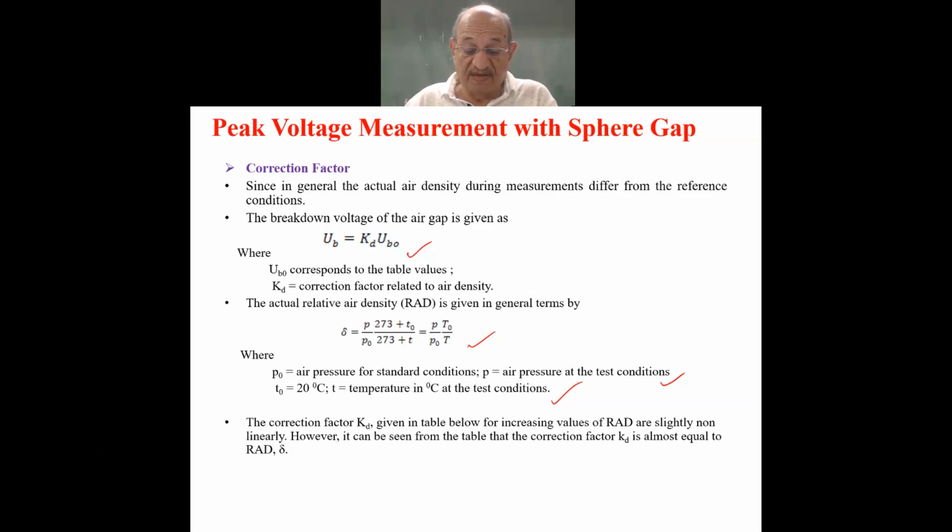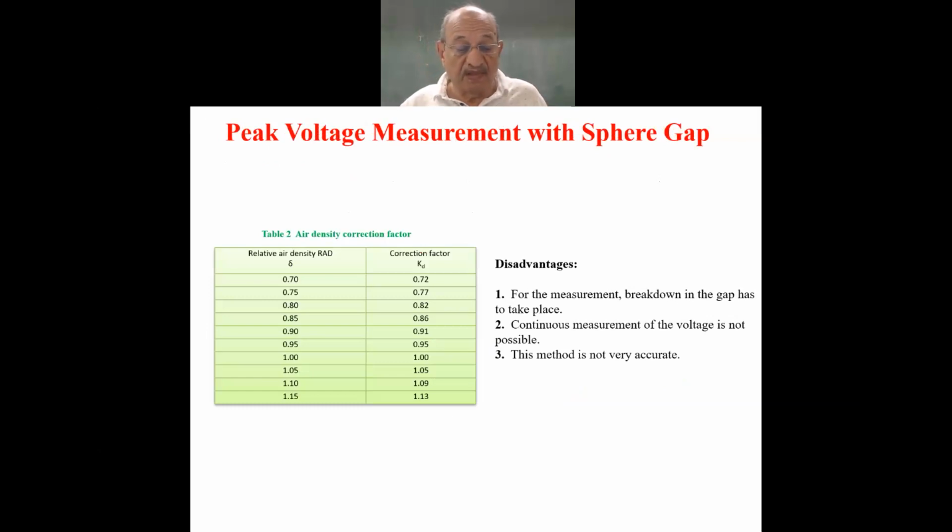The correction factor K_D given in the table below has been worked out to be like this. And as you see here, the correction factor is almost equal to the relative air density.